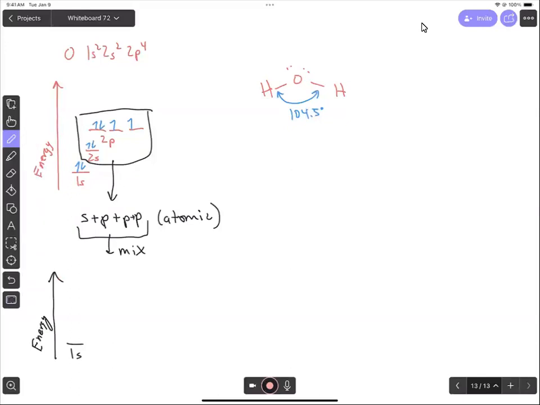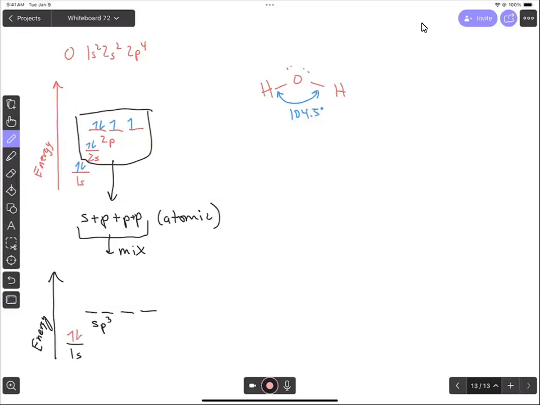Because I mixed together 4 atomic orbitals, I'm going to get 4 hybrid orbitals. They're not an s orbital anymore, they're not a p orbital anymore. They are sp3.